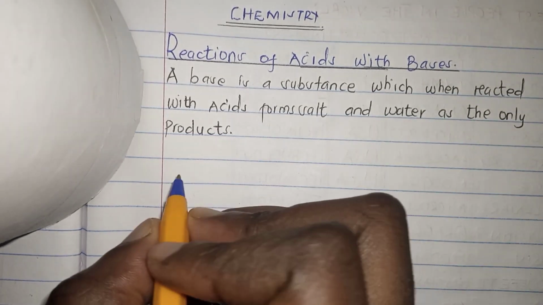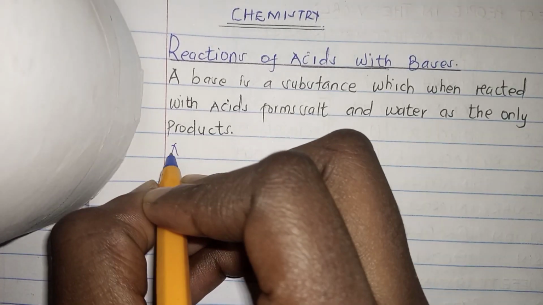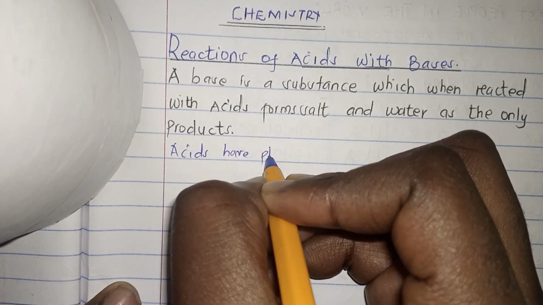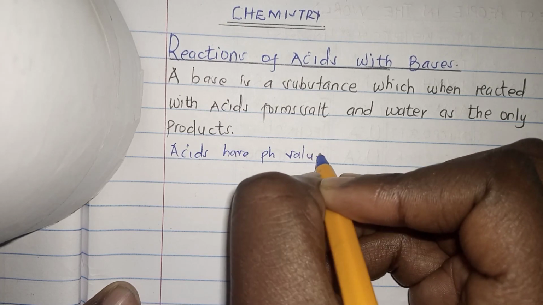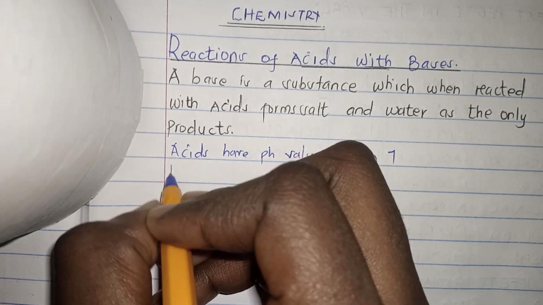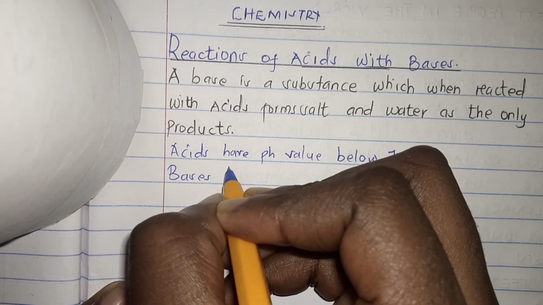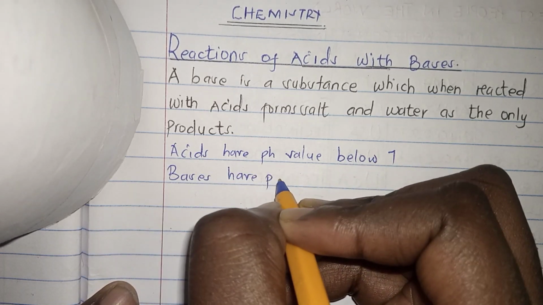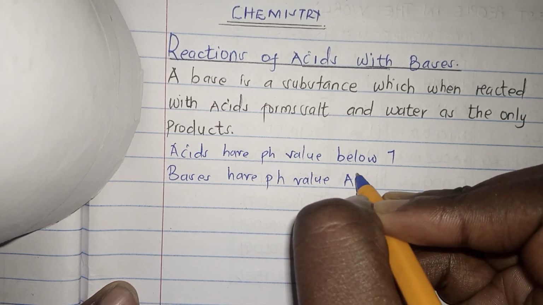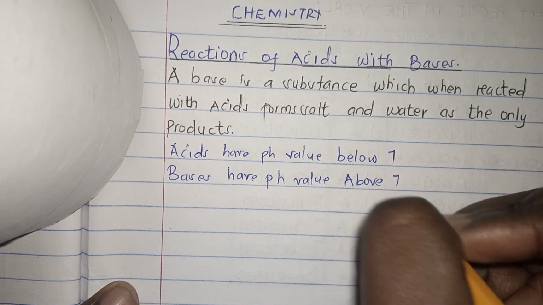So acids have a pH value below 7, and the bases have a pH value above 7.